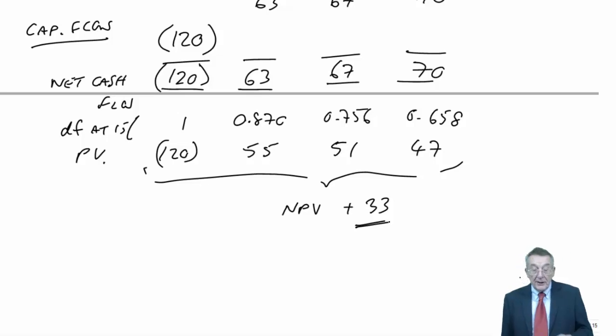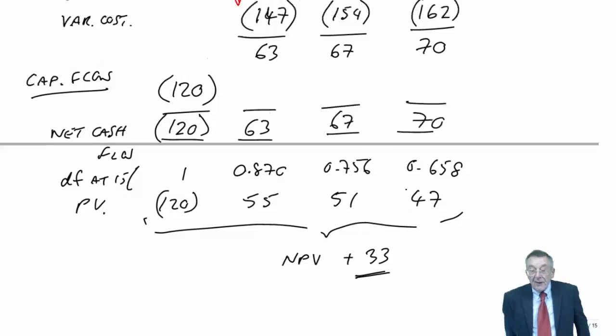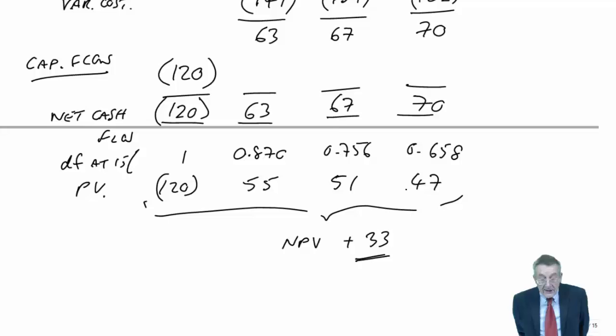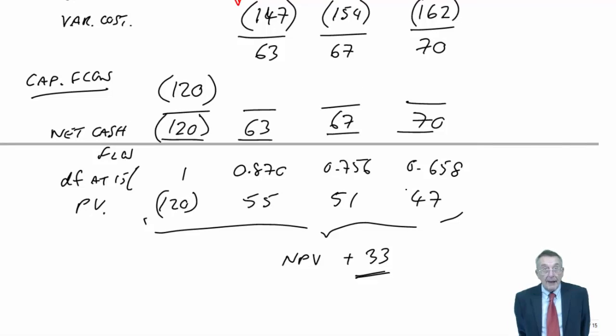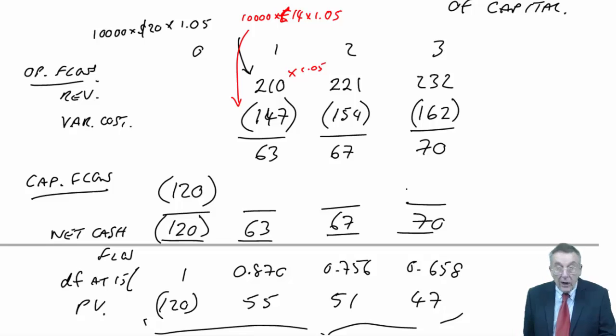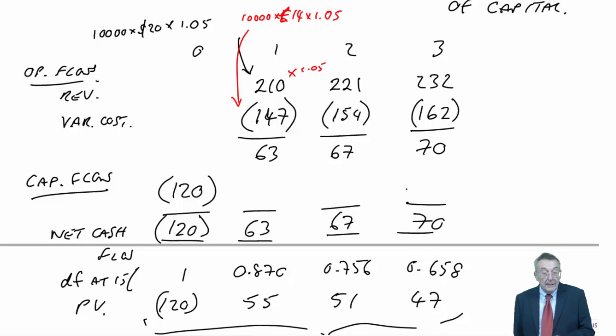Now that's the approach we took before. We've worked out the nominal, the actual cash flows. We've discounted at the nominal, the actual cost of capital, and that's fine. And incidentally, I could have speeded up slightly in that because both selling price and costs inflated at the same rate of 5%.